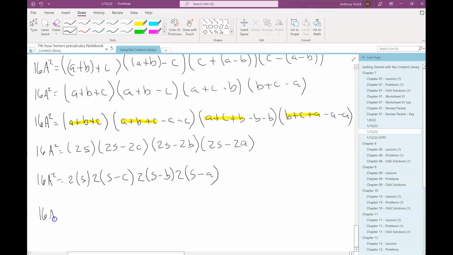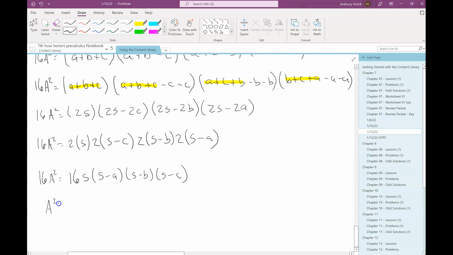So I'm going to move all the 2's to the front, and 2 times 2 times 2 times 2 is 16. I'm just going to rearrange the parentheses so they match the order that we see in our formula. I divide both sides by 16, so the 16s go away. And then we square root both sides, and bada boom, bada bing. There is Heron's formula.